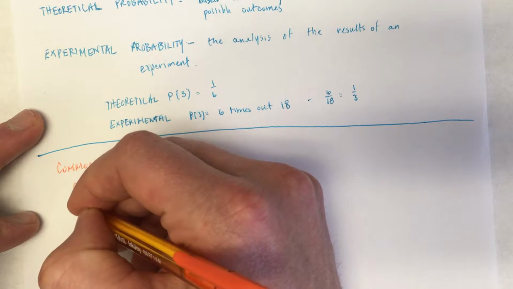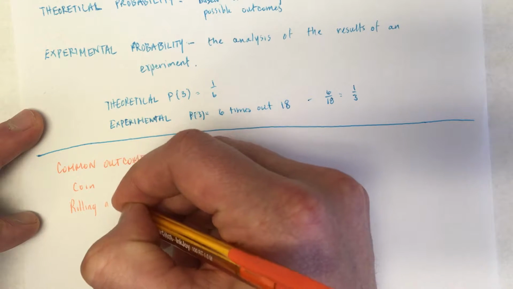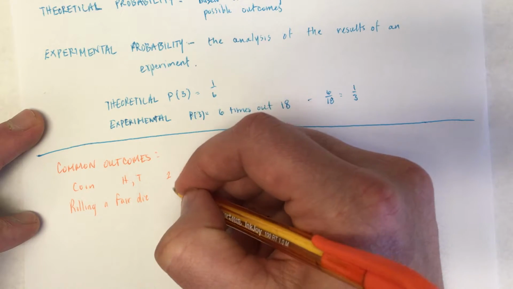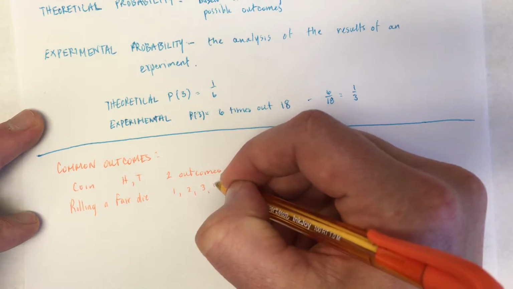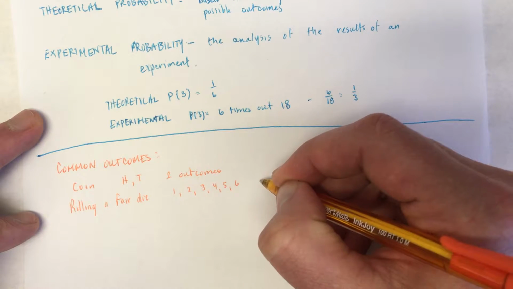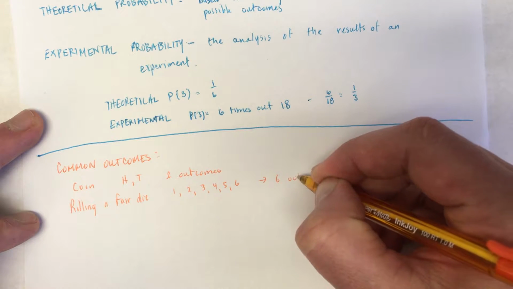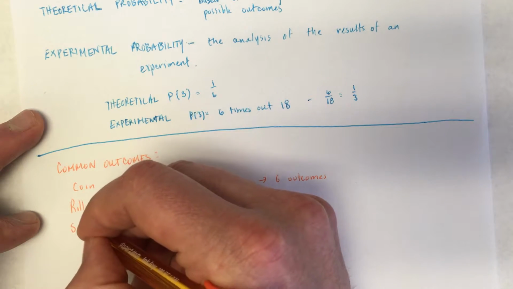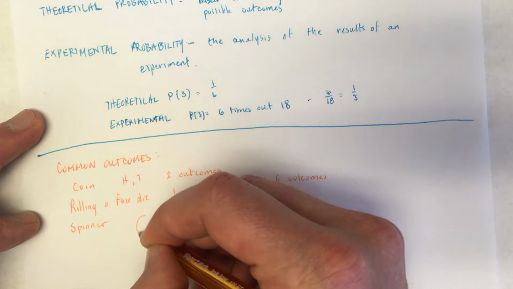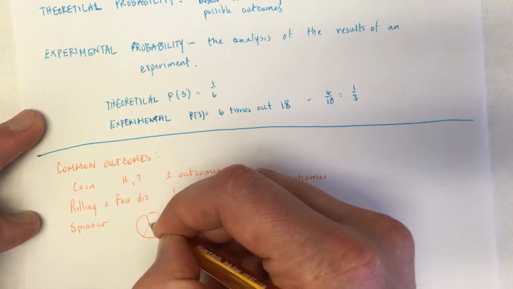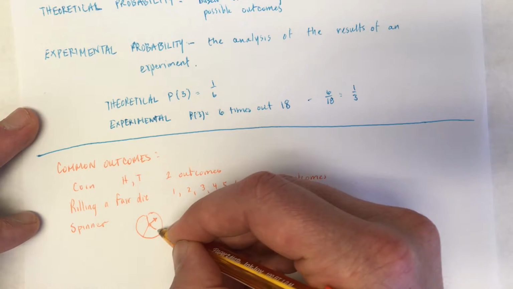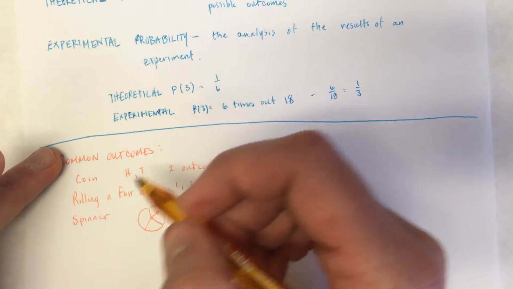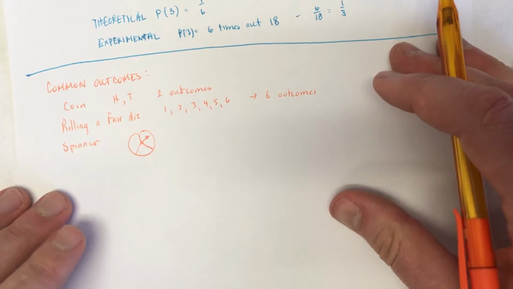Rolling a fair die: you have 1, 2, 3, 4, 5, and 6, so there are 6 outcomes. Spinners are a very common probability. You have a little spinner, it might go through 3 sections, could be 4 sections, could be 6 sections, just depends. They could have 1 color, 4 colors, etc. But spinners are really common.